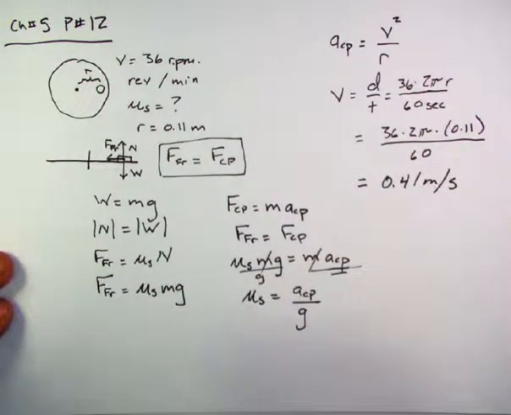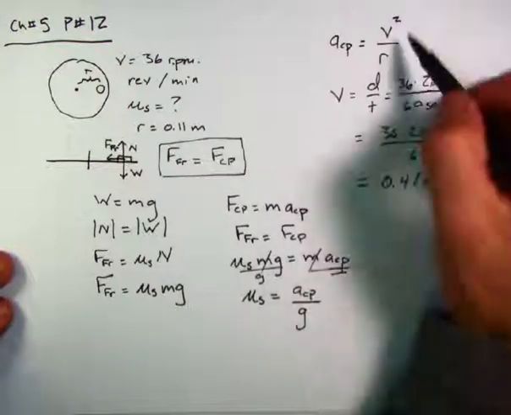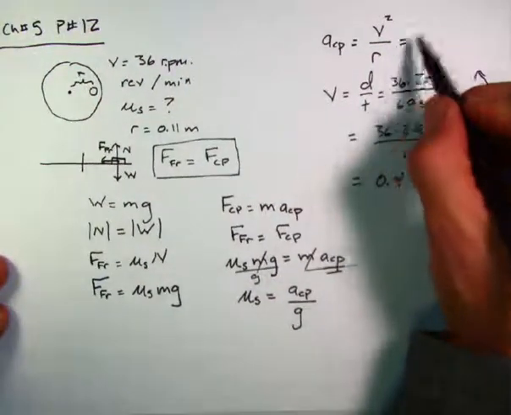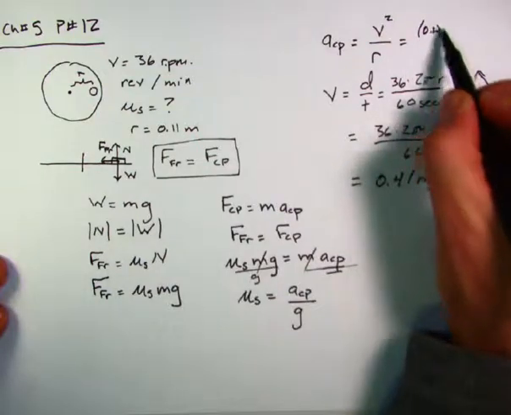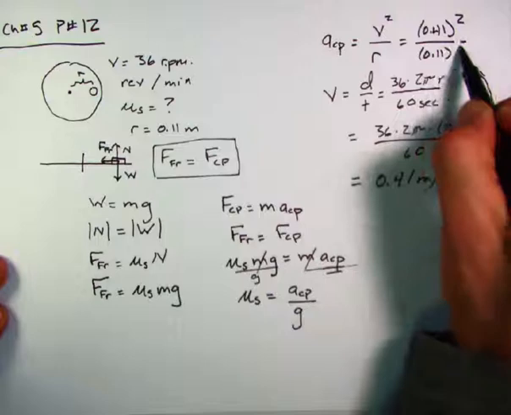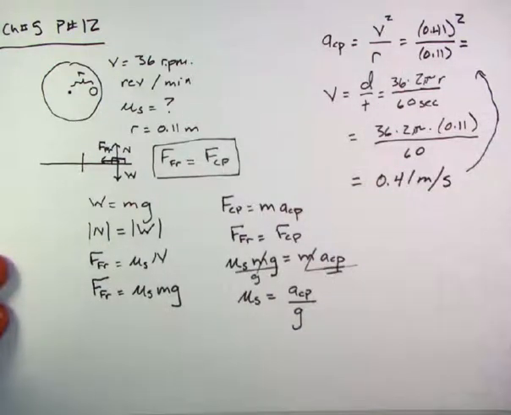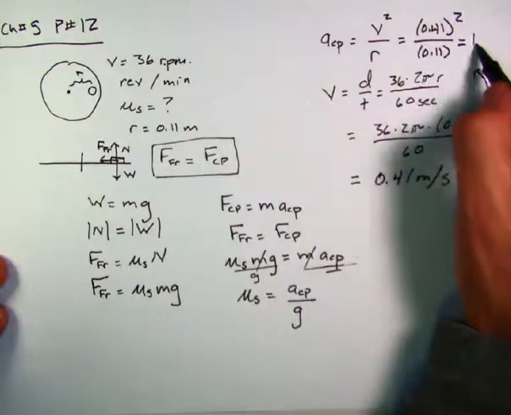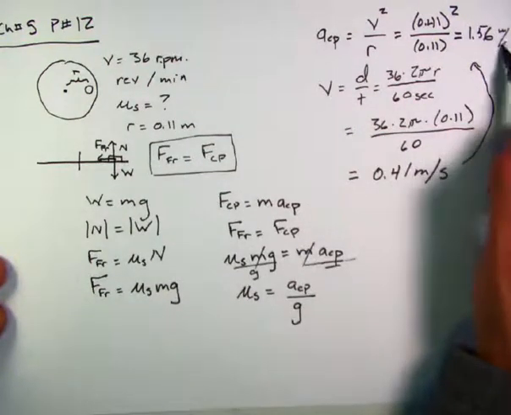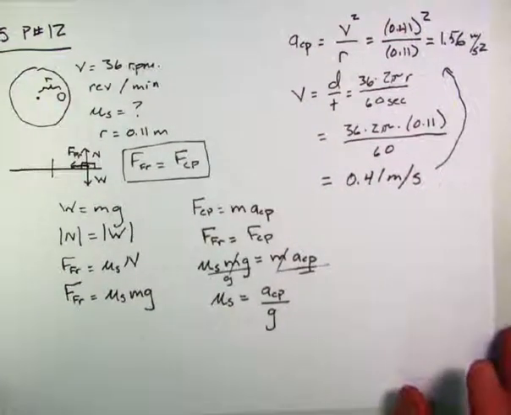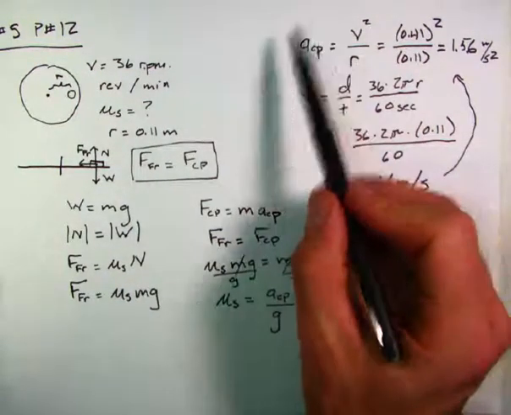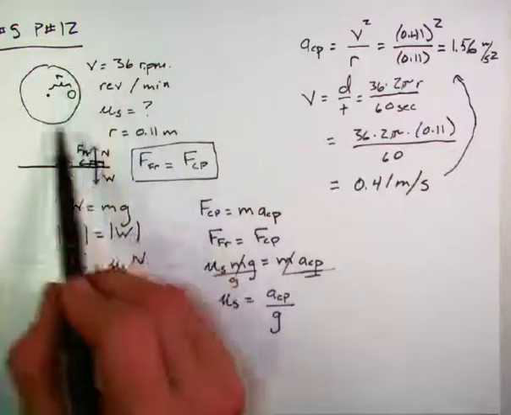Plug that in up here: 0.41 squared divided by 0.11, and I get a centripetal acceleration of 1.56 meters per second squared. All right, I've solved for the centripetal acceleration.